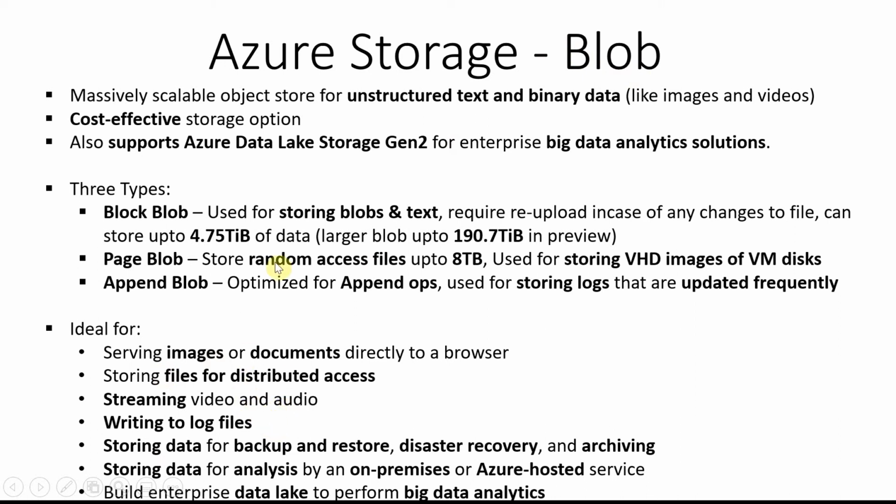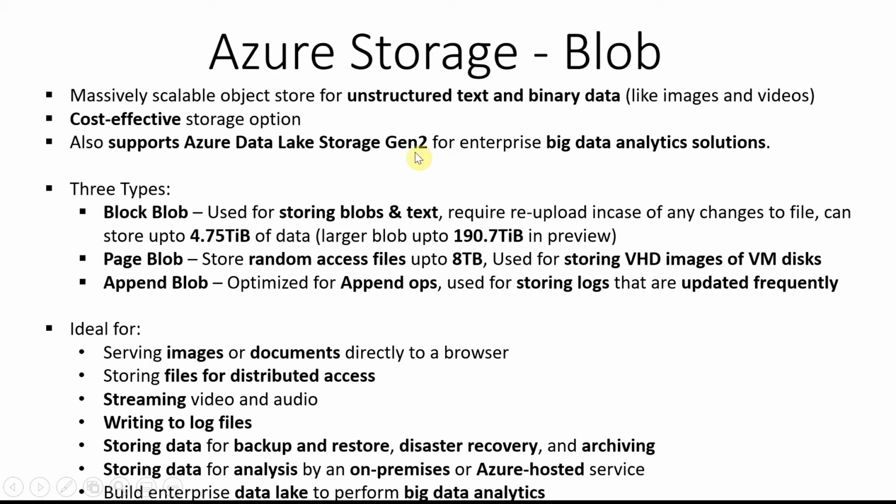And one specific mention, I think we also touched base on this in the other demo, which is that blob is also primarily a data lake storage, Gen 2. I just want to touch upon what is Gen 1 versus Gen 2.